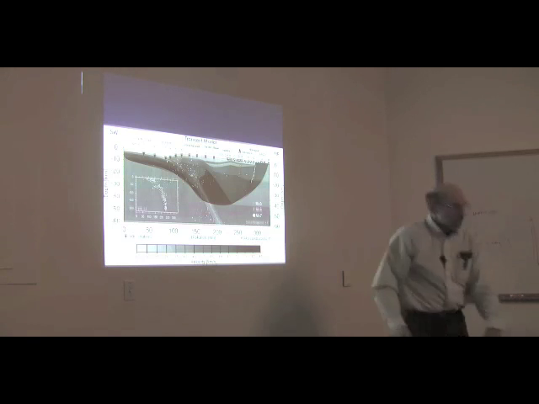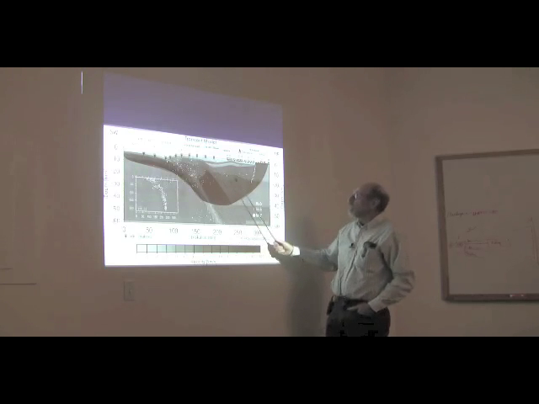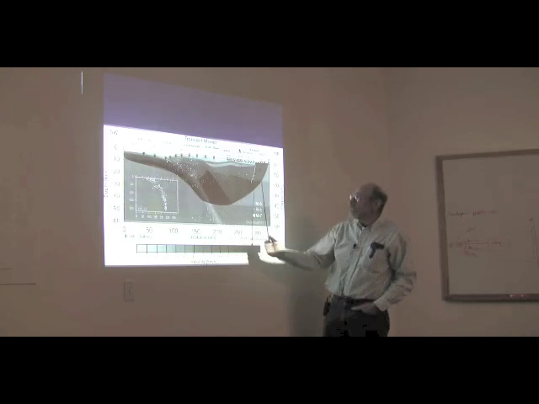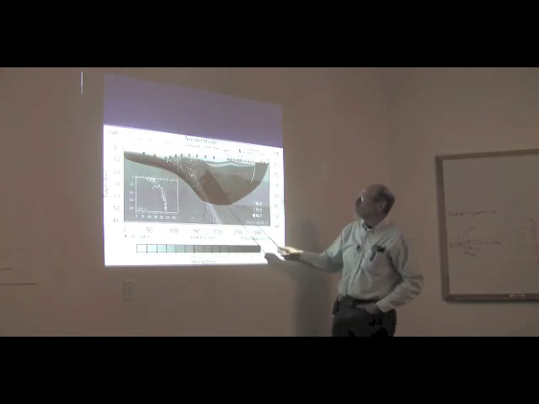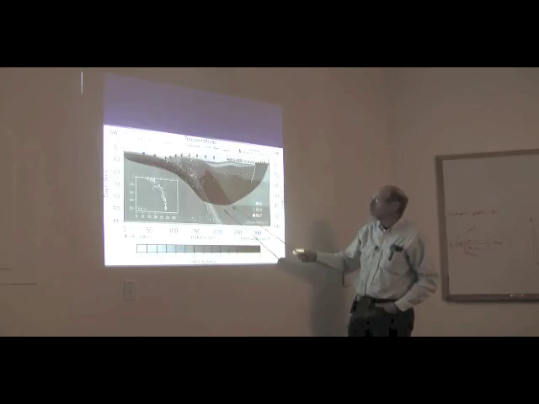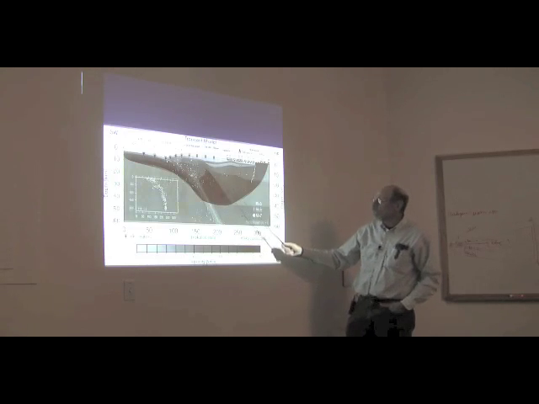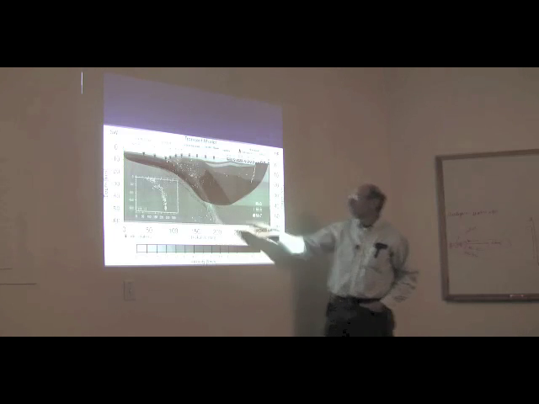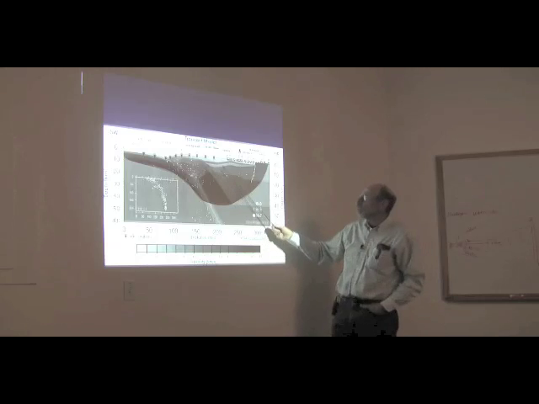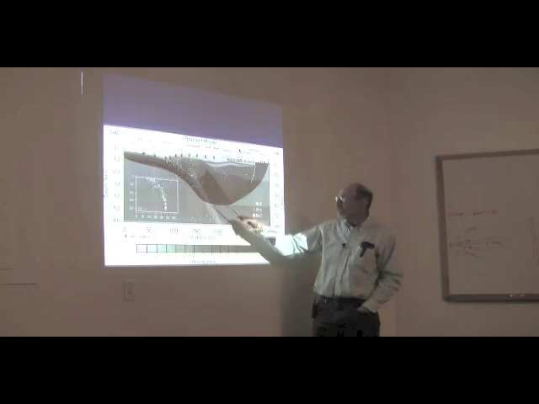I'll talk about this. This is a refraction line that was done in that same region of Nicaragua. And what it's showing is the downgoing plate. This really black color is velocities equal to mantle velocities. And the lighter you get, the lower the seismic velocity.